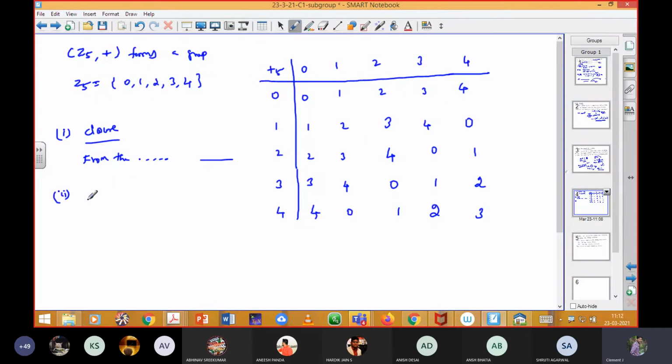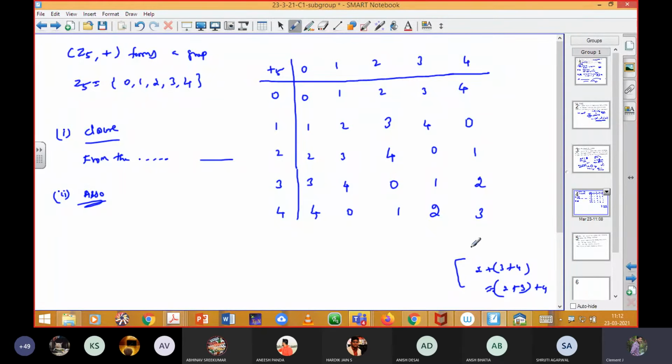Okay, next associative. I'll raise one more question to you. So I can pick 3 elements, like I can randomly pick just to show the example: 2 plus 3 plus 4. So now you can say the left hand side answer first.